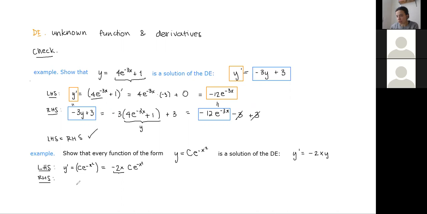Then we're going to have that the right-hand side is minus 2x times y, which is equal to minus 2x times the expression that I had for y, which was c e to the minus x squared. Only x squared, yes, sorry. And so these two things are the same as well, right?